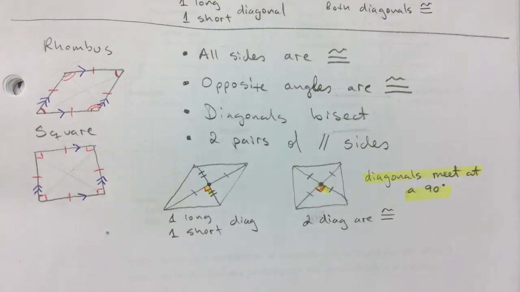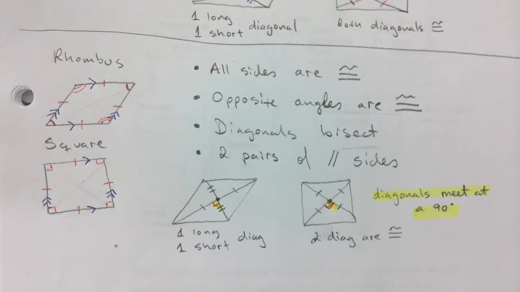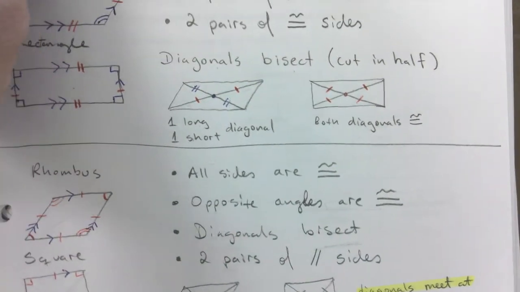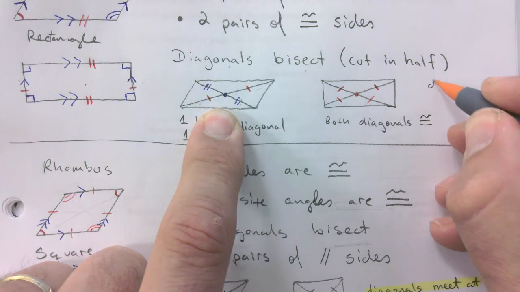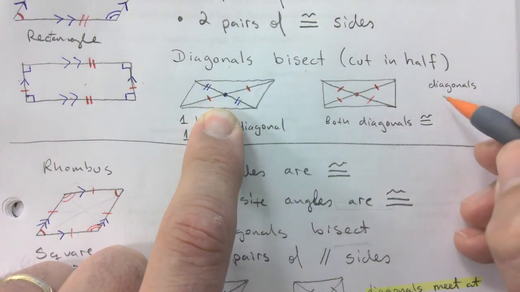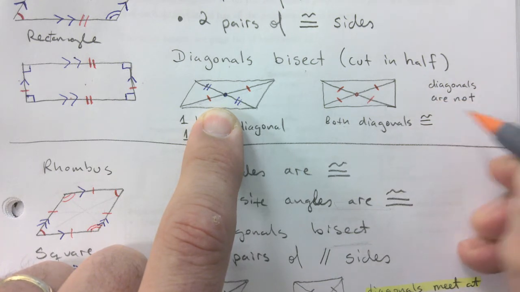Sometimes it's good to talk about what is not happening. So why don't we go up here to the diagonals of these two and just say diagonals, watch this, are not perpendicular. Does that mean anything to you?